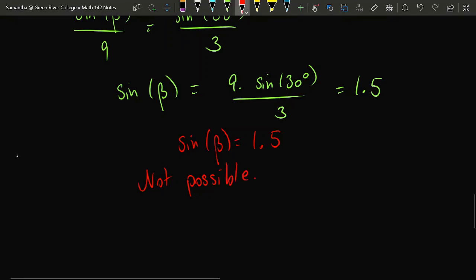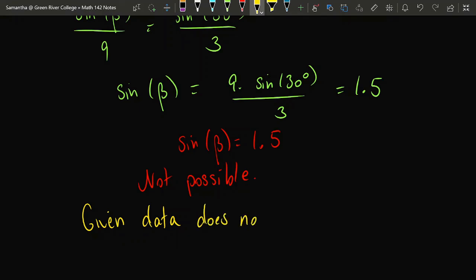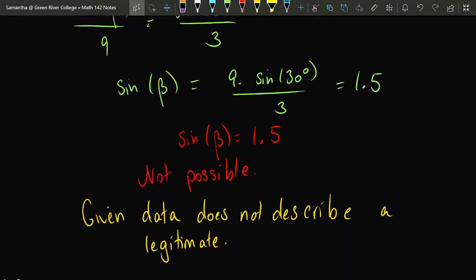And so this data of alpha equals 30, b equals 9, and a equals 3 does not describe a legitimate triangle. There is no triangle that satisfies this data, because as I was trying to fill in the blanks of this triangle, I ran across something that is mathematically impossible.